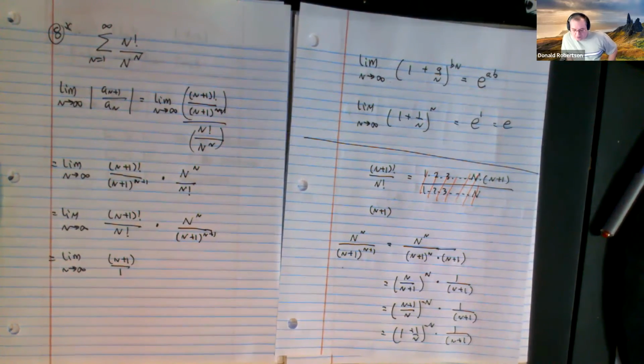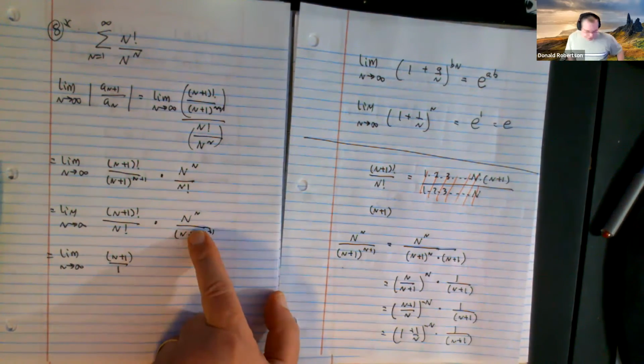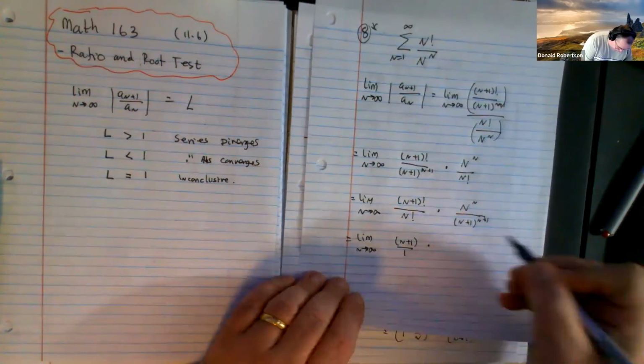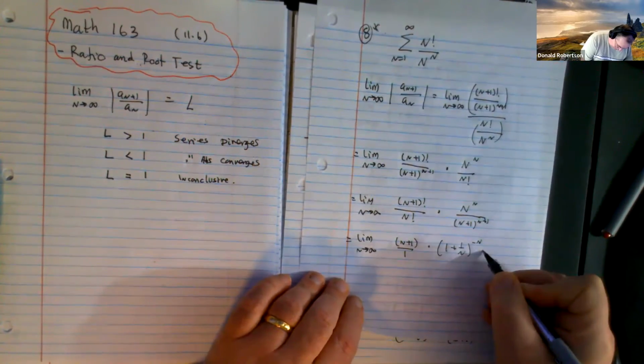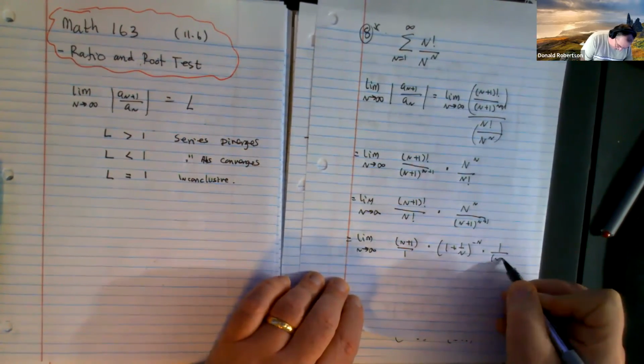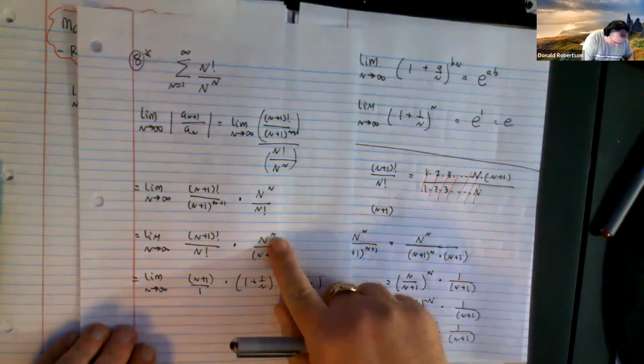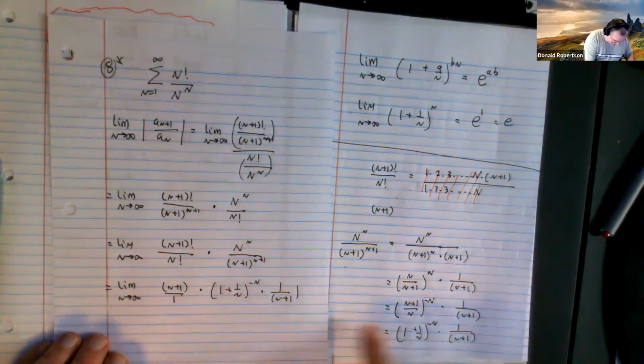So believe it or not, this is what I want that to be written as. So return here. It's going to be called (1 plus 1 over n) to the negative n, times 1 over n plus 1, right? So that guy is him.